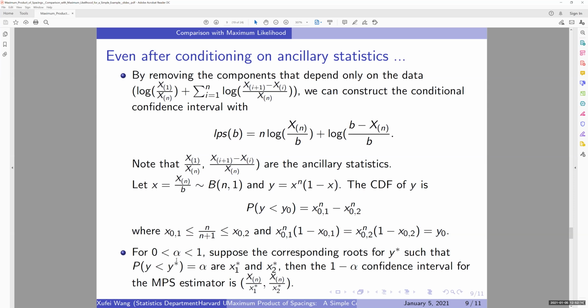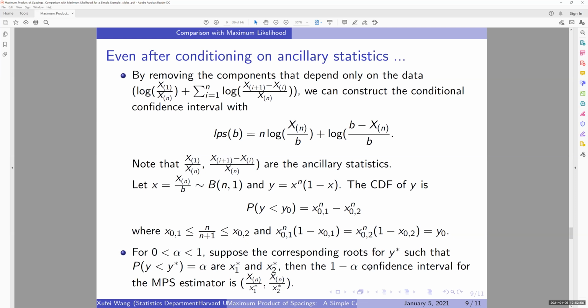We can find an alpha quantile for this y distribution, and for each alpha quantile, we can define a y star. For each y star, we can solve for two values, x1 star and x2 star, such that x1 star to the power of n times 1 minus x1 star equals y star, and the same for x2 star, because y is a unimodal function of x.